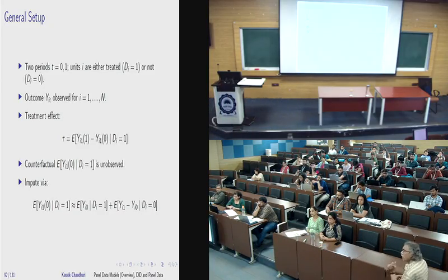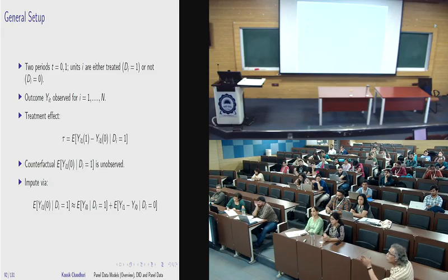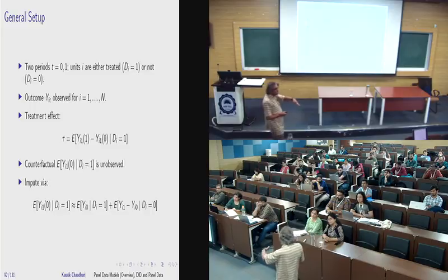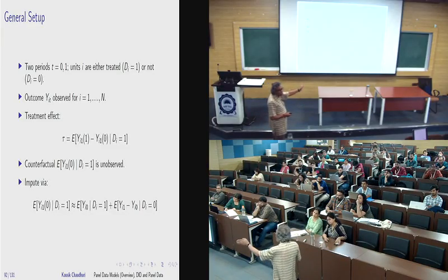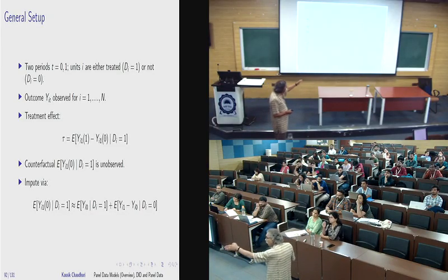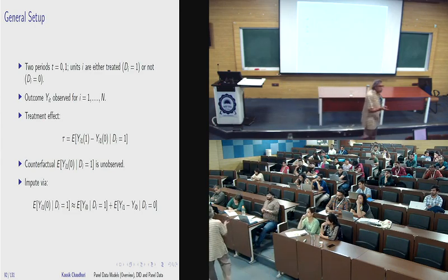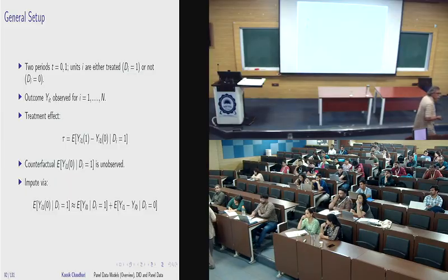I want to think of the impact of Y_i1 given D_i equal to 1, which has two parts. One, if nothing has happened, what would be the change in the mean between Y_i1 and Y_i0. And then I can add the mean of Y_i0 as if the treatment has happened, right? Clear? Okay.